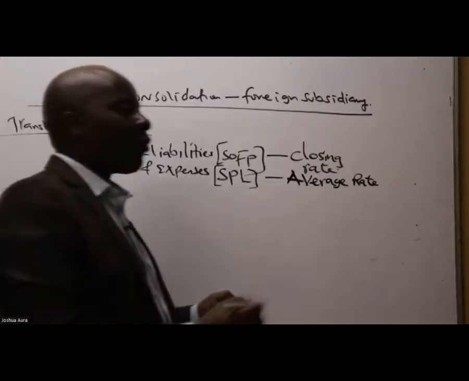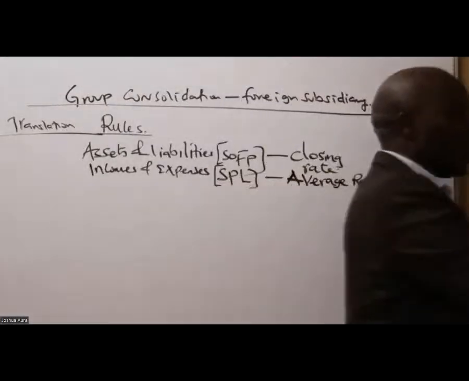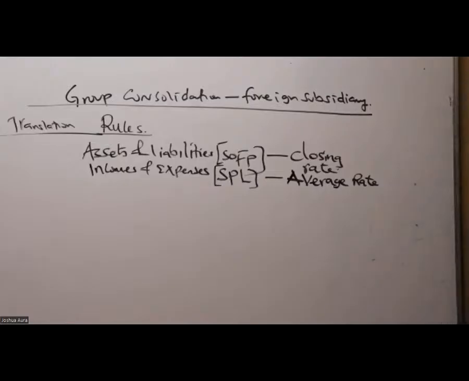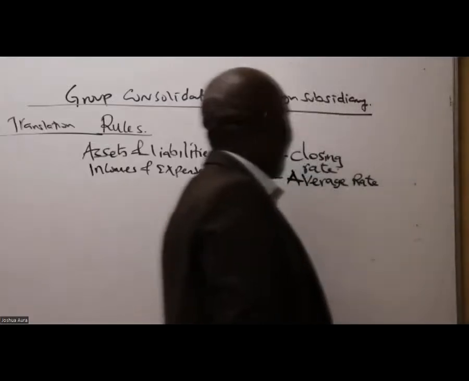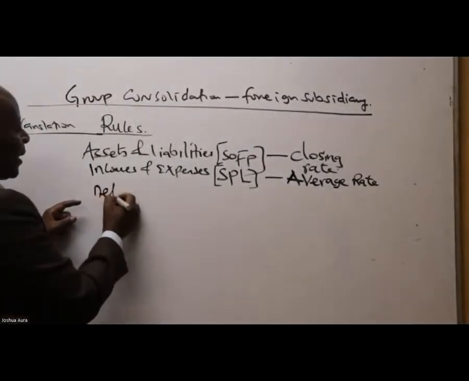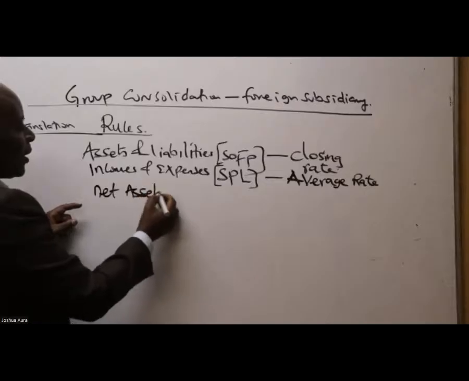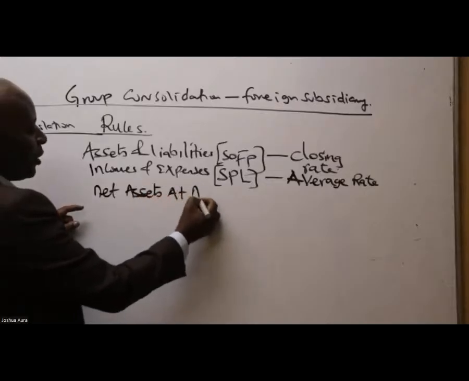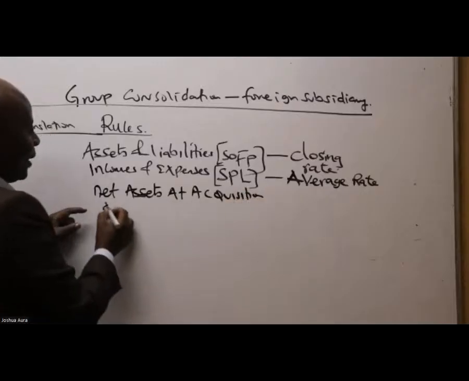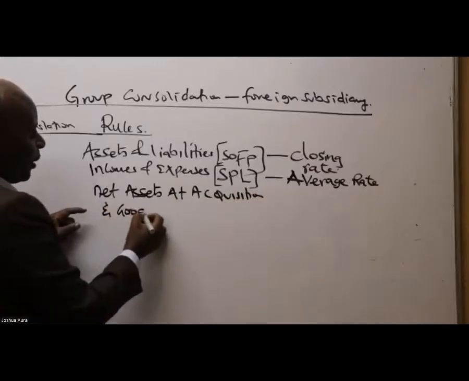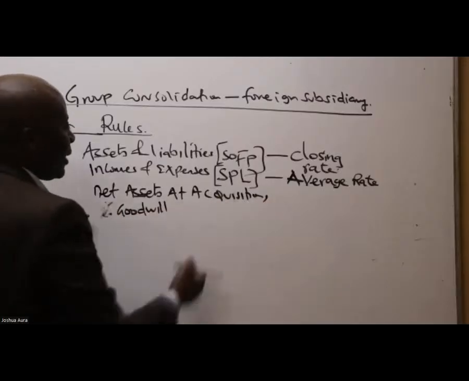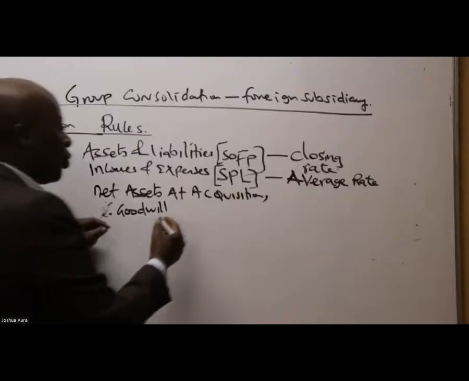And then, ladies and gentlemen, of course, we have acquisition. When you are acquiring, for example, a subsidiary, you'll be having net assets at acquisition, and for example, goodwill at acquisition.